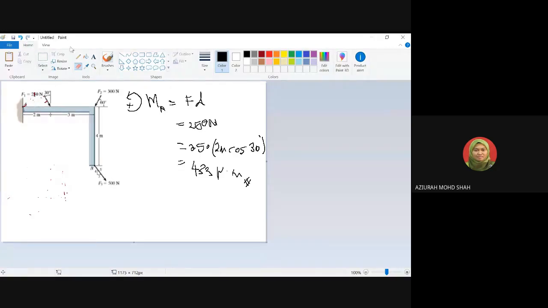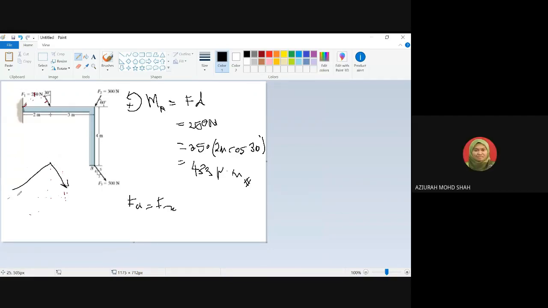Okay, so let's say we want to use the formula from Varignon theorem, means we said that FD is equal to Fx. Okay, wait. Before this, we said that counterclockwise is positive, right? So if you look at this force, does it tend to rotate clockwise or counterclockwise?